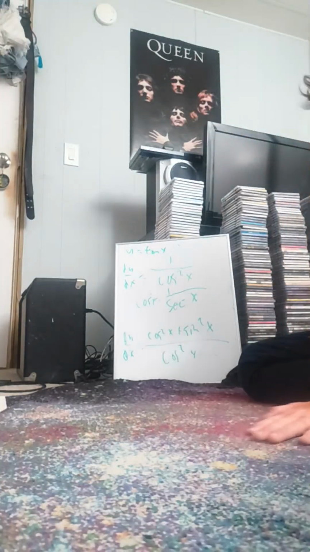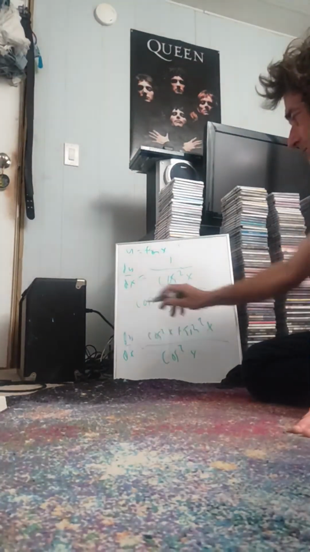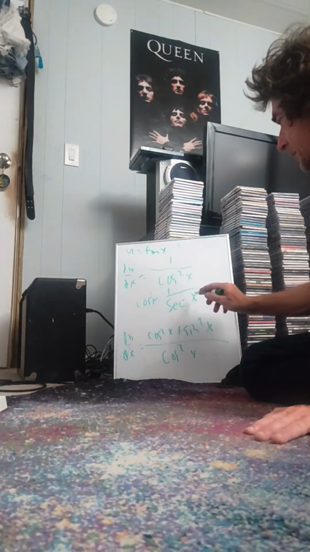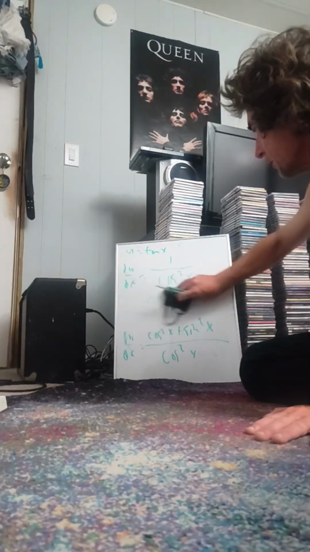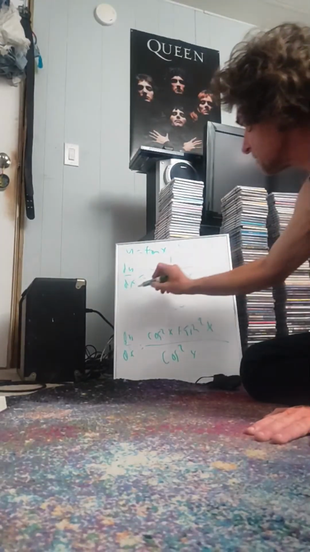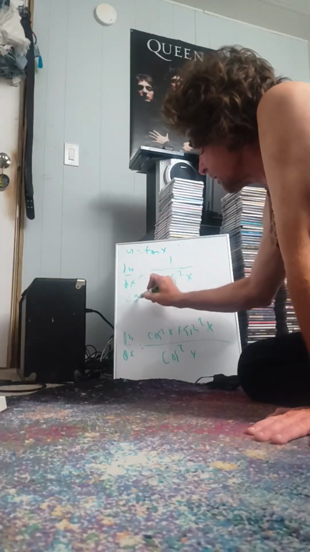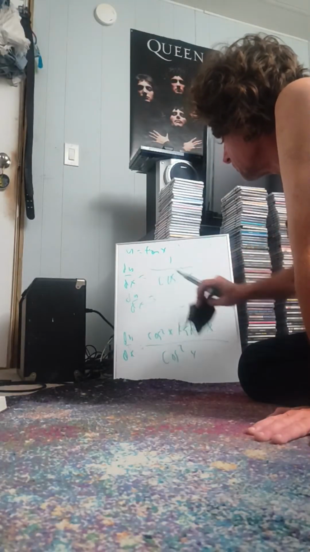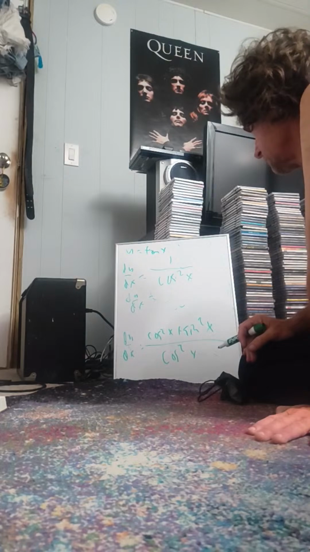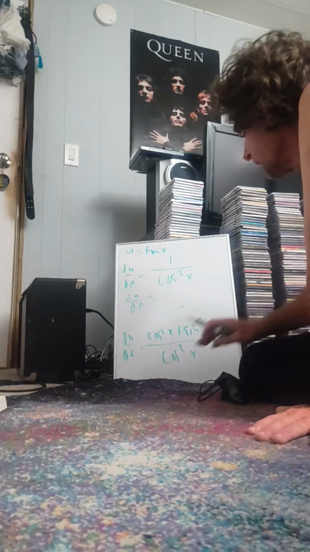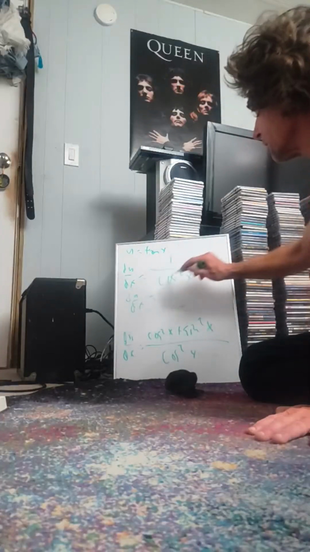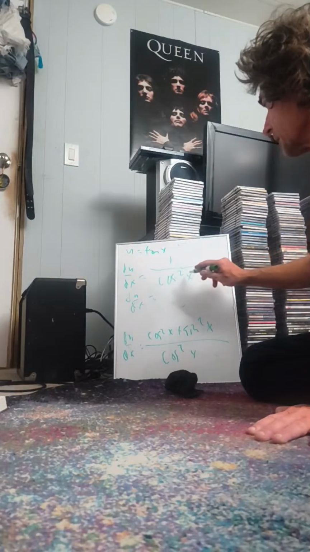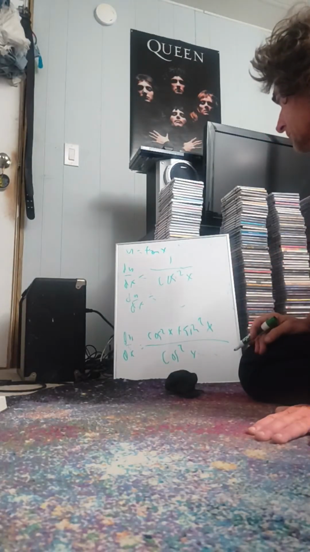Secant is the inversion of the cosine, and cosecant is the inversion of the sine. So if cosine x equals 1 over secant x, then dy dx equals 1 over cosine squared x. Since it's 1 over the cosine squared x, the inversion of cosine squared x is secant squared x.